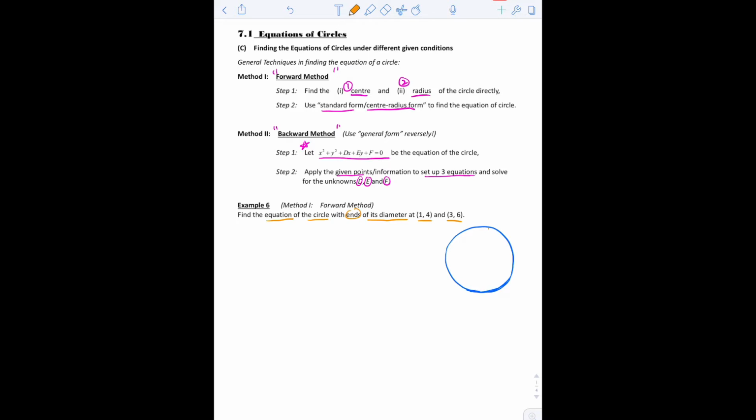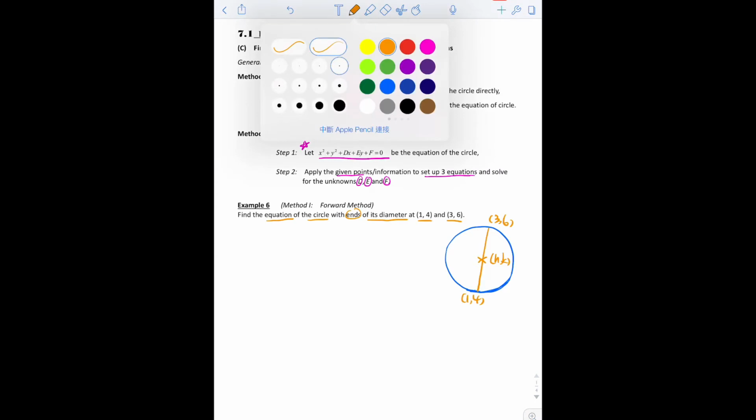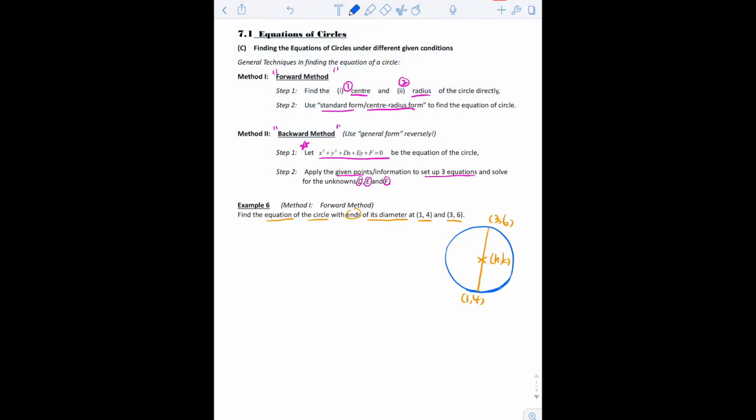So here we have the diameter of the circle with endpoints (1,4) and (3,6) respectively, and the diameter passes through the center (h,k). So for this case, it is easier to find the center and radius. We can use method 1, the forward method.